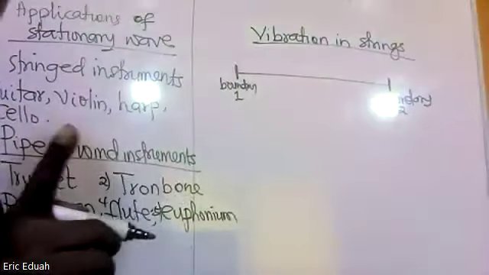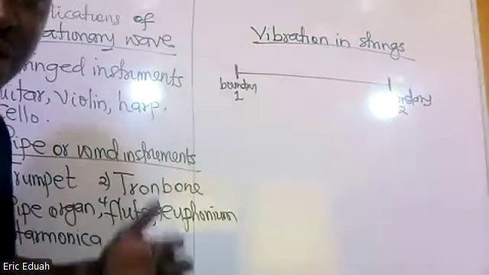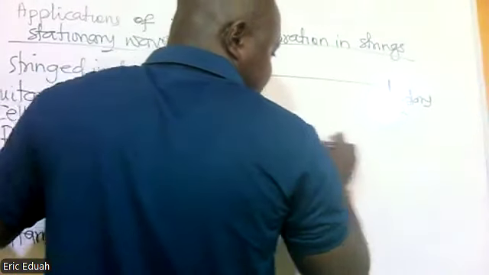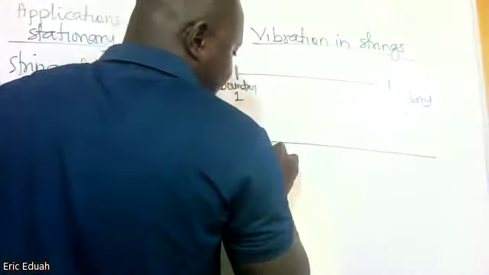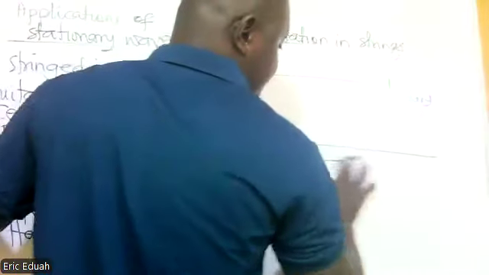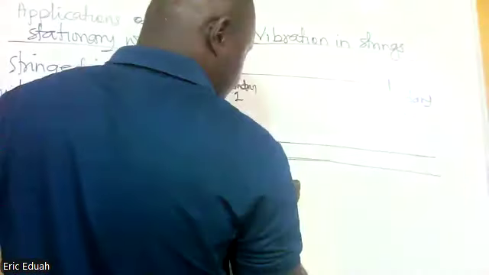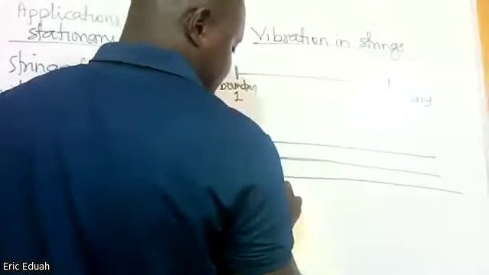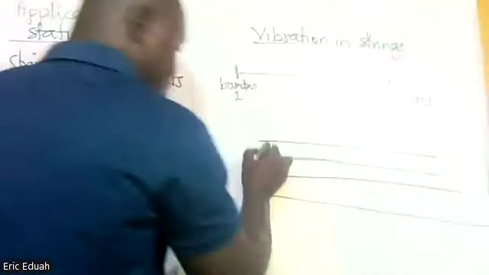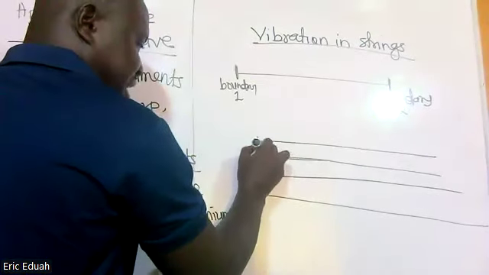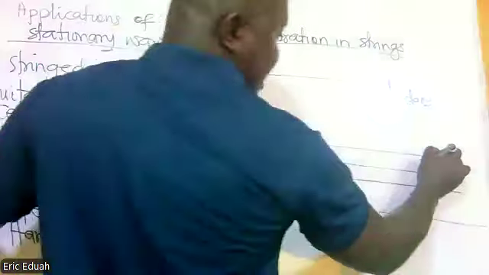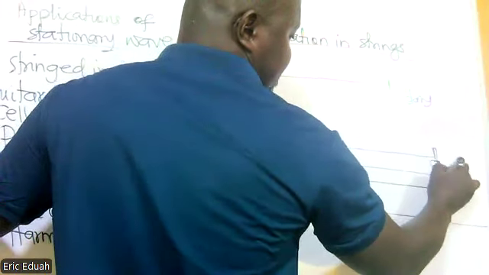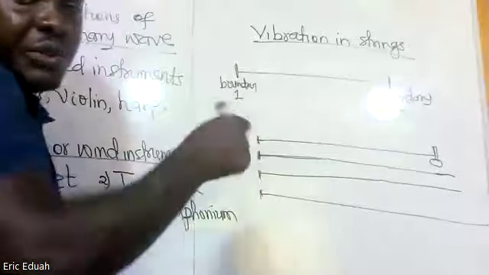So if you watch so carefully in guitar, you see the ends about 4 or 5 strings with different width or sizes fixed at one end. Then the other end is connected to a metallic something that can be tuned.